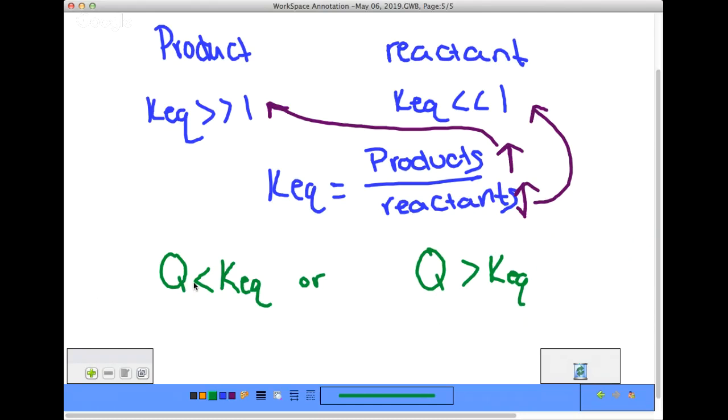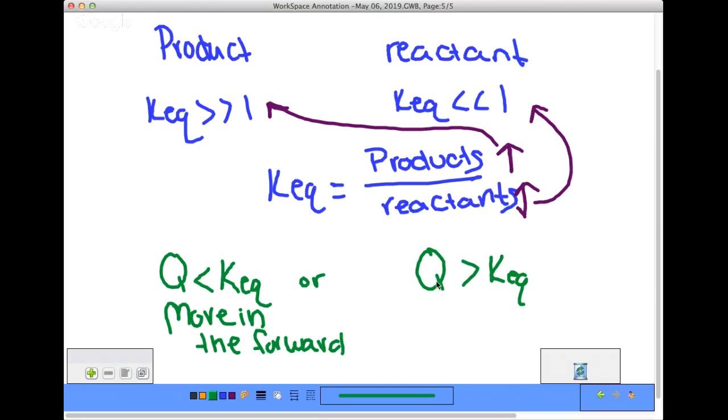If Q is less than KEQ, what that means is that we need to make Q bigger. So the reaction is going to move towards the products, in the forward direction. Q is really small, and if we want to make Q bigger to reach equilibrium, the only way to make it larger is to favor the products.